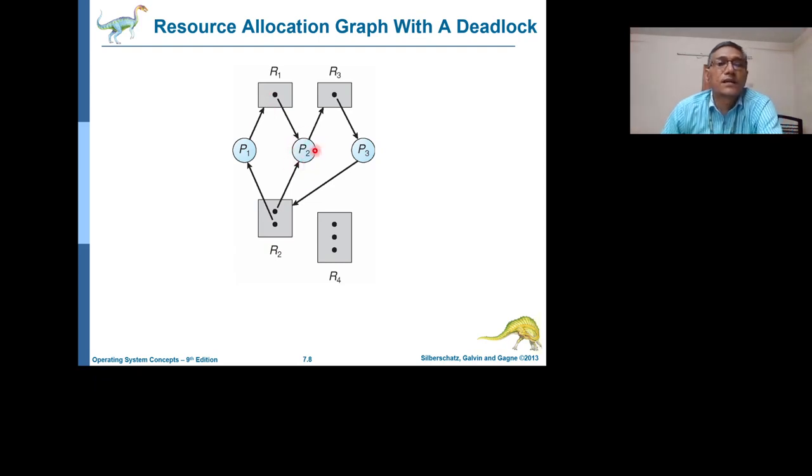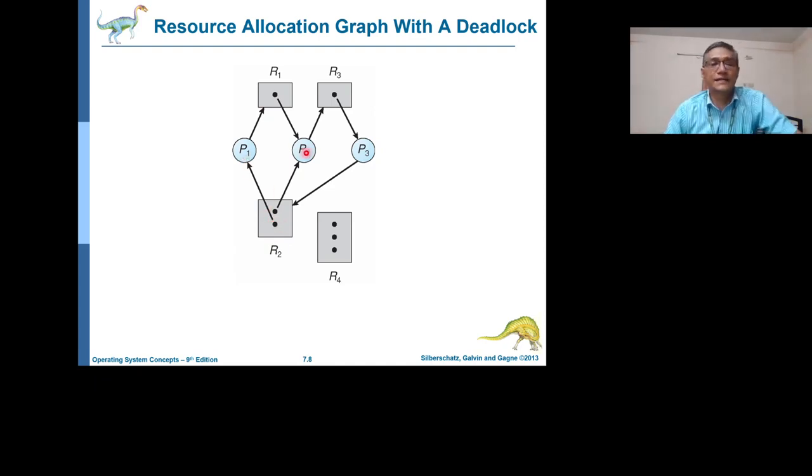Similarly, P2 is requesting R3, but R3 is already acquired by P3, and P3 is requesting R2. Two instances of R2 are available, but those two instances are held by P1 and P2.